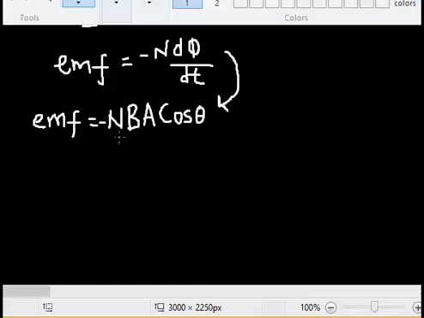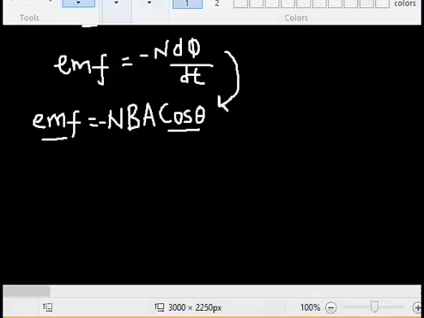So EMF is given as NBA cos theta. The theta here represents the angle between the coil and the magnetic field. So as the angle changes, the EMF changes.